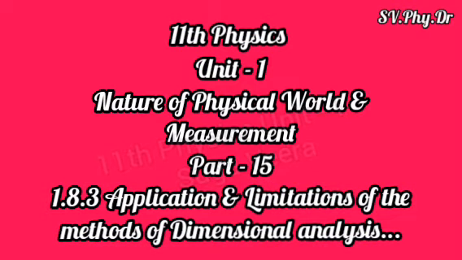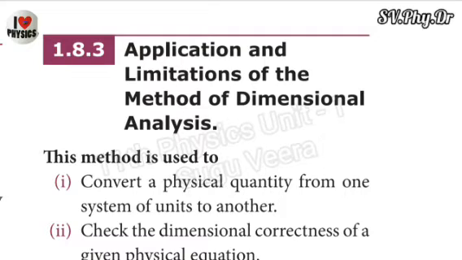This video continues with Unit 1, Nature of Physical World and Measurement. This is part 15. Now we are going to learn about 1.8.3, application and limitations of the method of dimensional analysis.